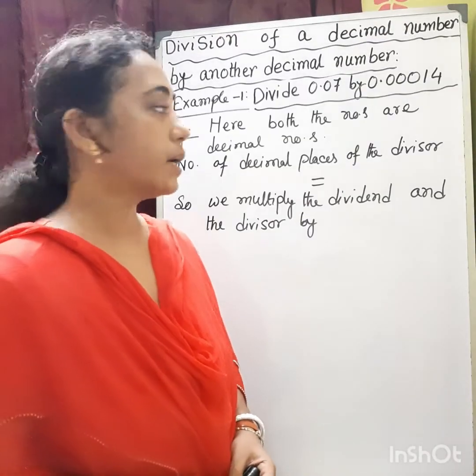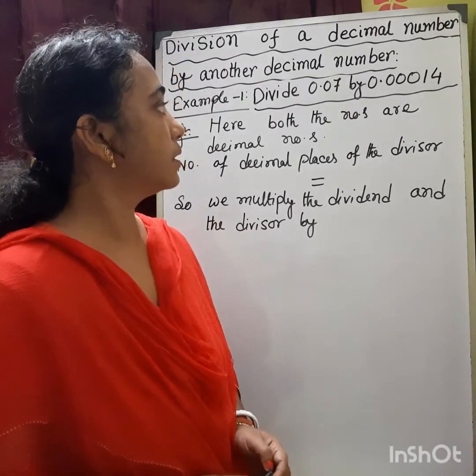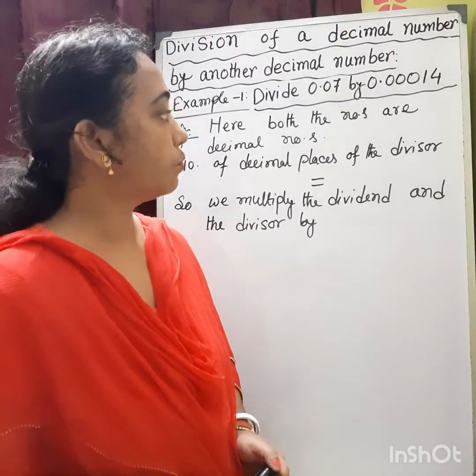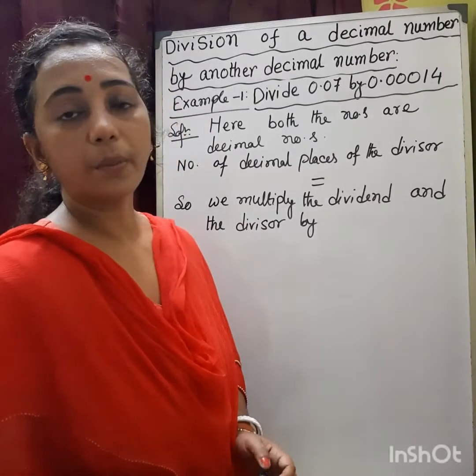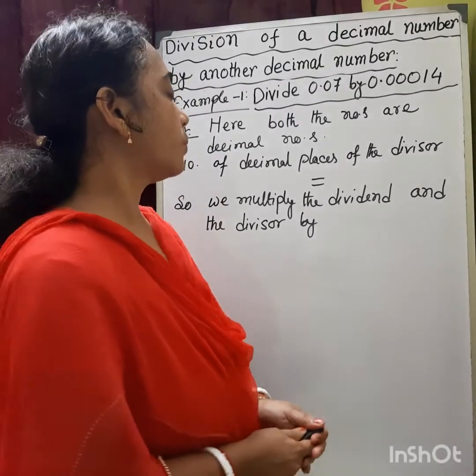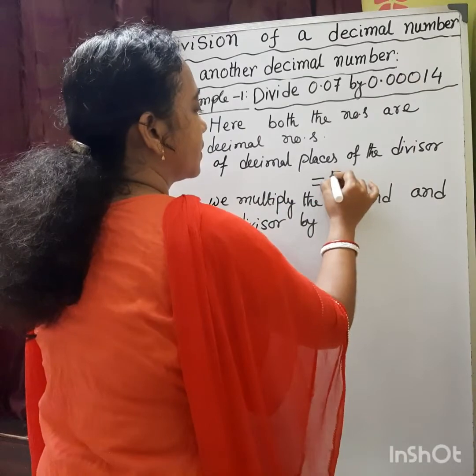Now let us do one example: divide 0.07 by 0.00014. Here both the numbers are decimal numbers. So the number of decimal places of the divisor is 1, 2, 3, 4, 5.